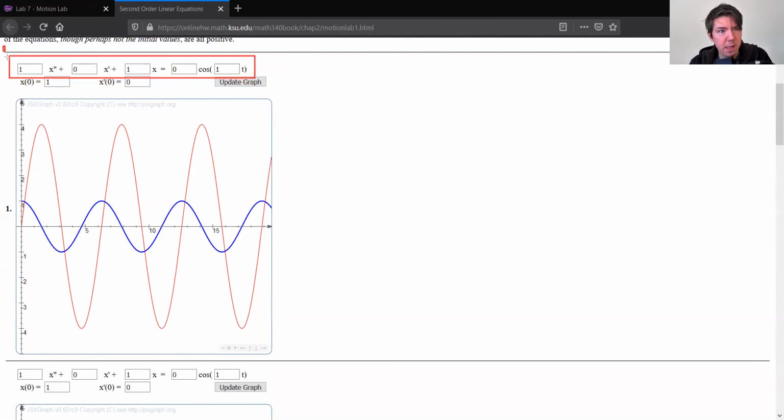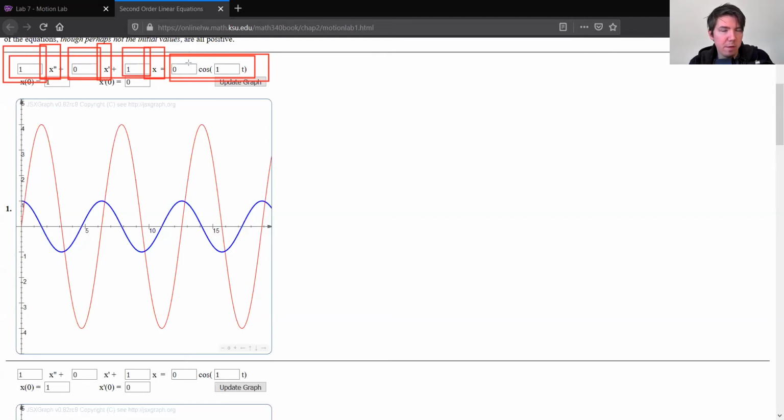You'll notice it's the mass times the second derivative, c times the first derivative, and then k times the 0th derivative. That's going to be equal to a driving force, which in this case is some number times cosine at some frequency.